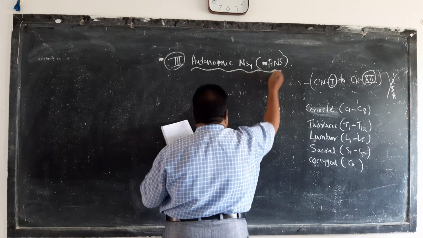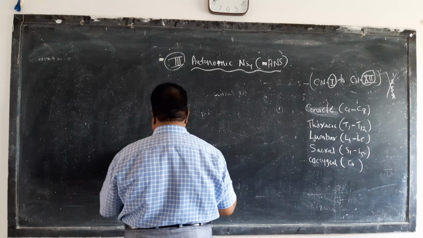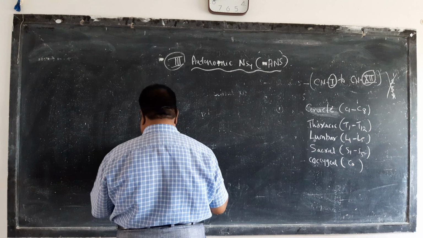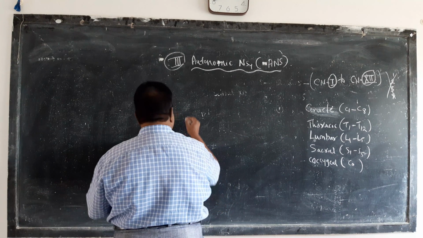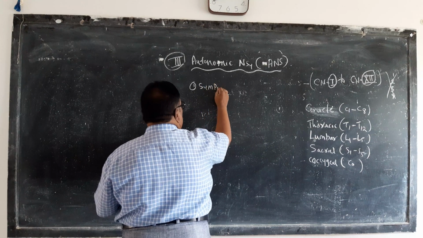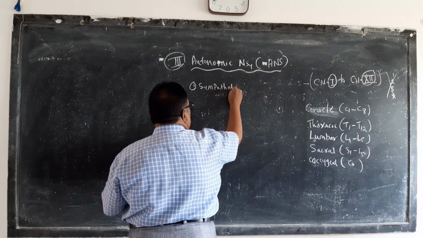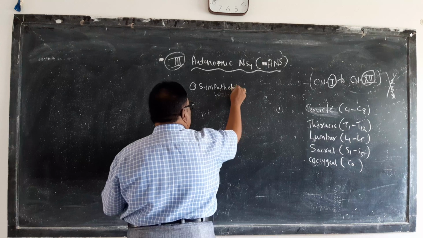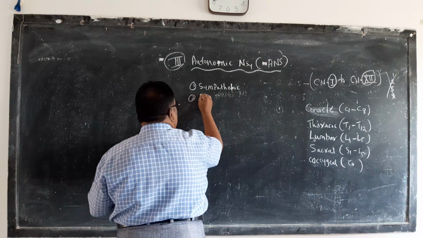The autonomic nervous system consists of sympathetic and parasympathetic nerves.